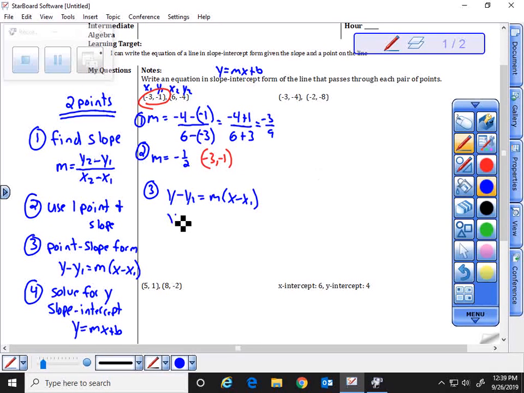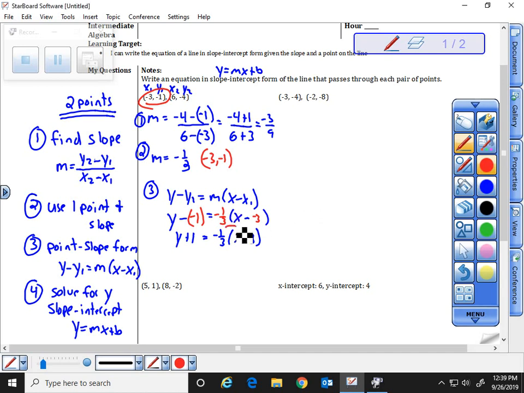It'll be y minus negative 1 equals negative 1/3, x minus the x value, which is negative 3. Cleaning it up, y plus 1 equals negative 1/3, and then x plus 3.